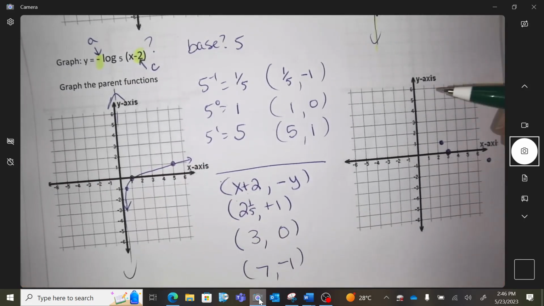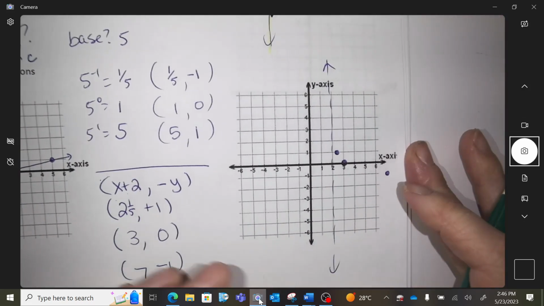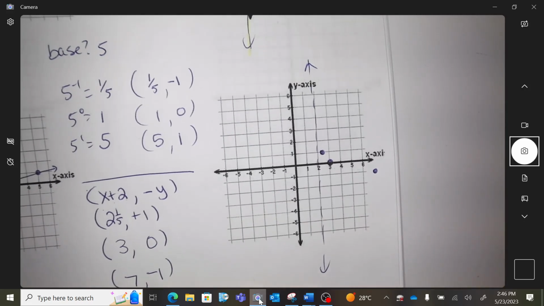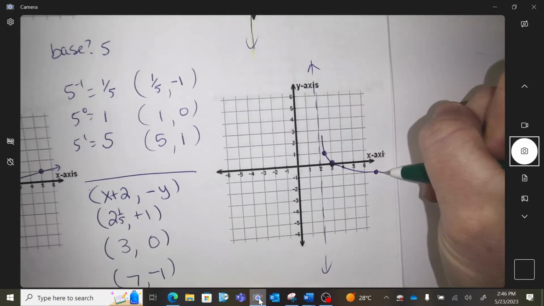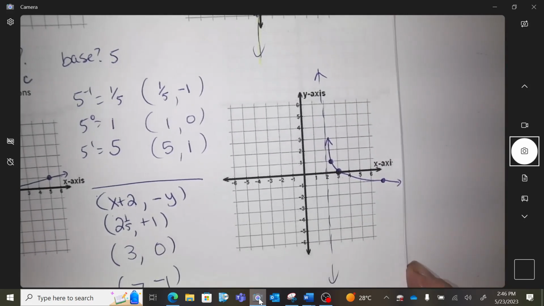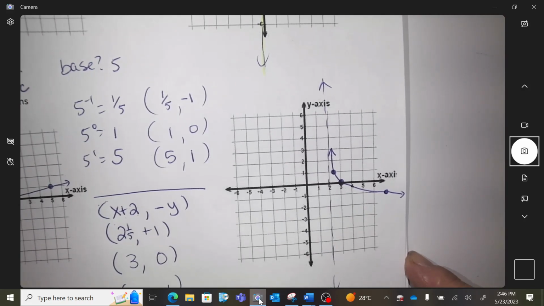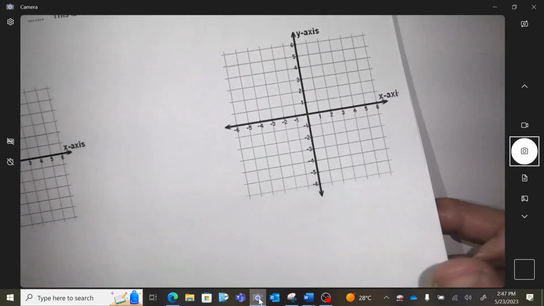Right. So that's also going to make my asymptote. And then does it make sense the way the points are going? My asymptote would move to the right. Okay, I'm going to do one more today, and that's it, then we're done.